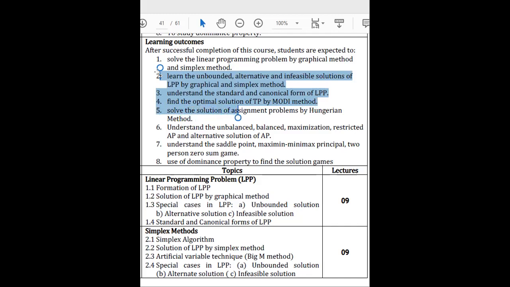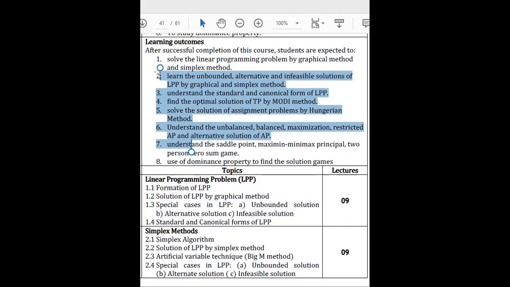Then there is another chapter, assignment problems. You are able to solve this assignment problem using Hungarian technique or Hungarian method. Then there are different types: unbalanced, balanced assignment problem, maximization case in assignment problem, restricted assignment problems, and alternative solutions in assignment problem.